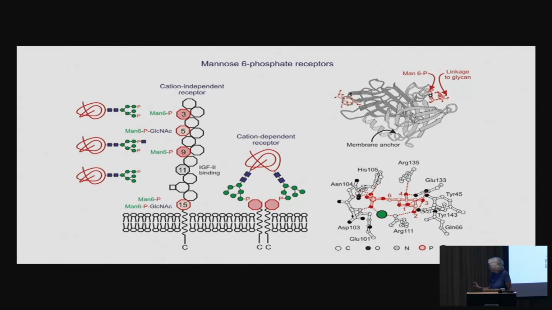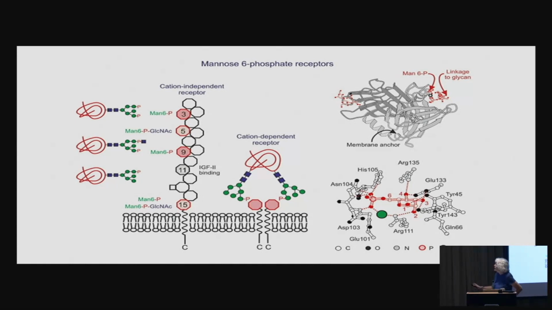And so this is what the receptors look like. This is the cation-dependent one. You can see it's a transmembrane protein. It forms dimers. Its extracellular region contains the mannose 6-phosphate binding site, and you need this whole domain. And so this is the P-type carbohydrate recognition domain.